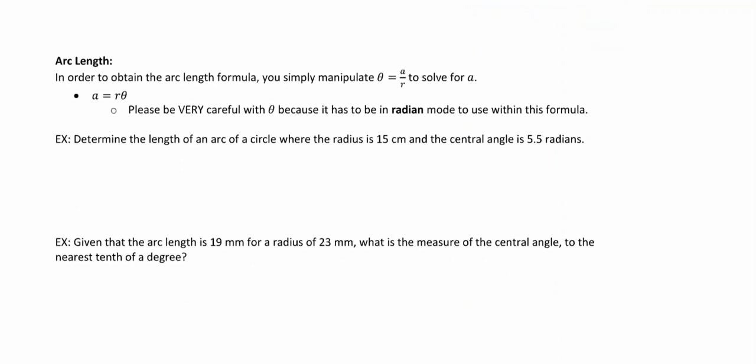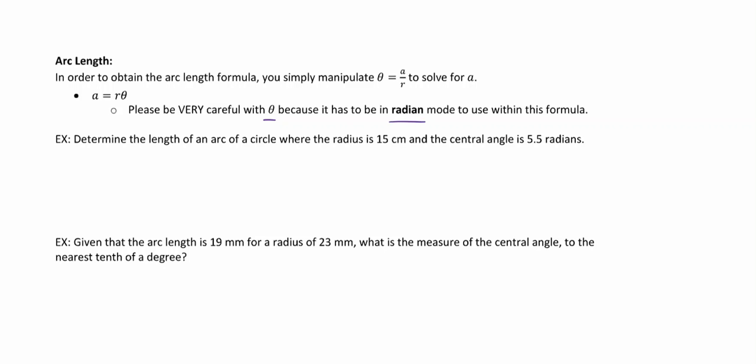Okay, arc length. Arc length is what we did above. In order to obtain the arc length formula, you simply manipulate what we were talking about for radians above. This formula is on your formula sheet, and we just maybe have to solve for one or the other. Please be careful with the angle, because it's always going to be an angle measured in radians.